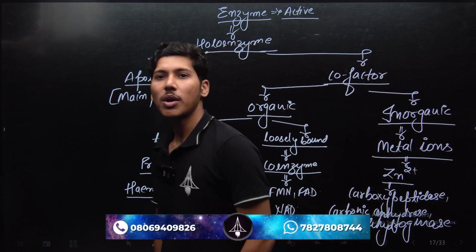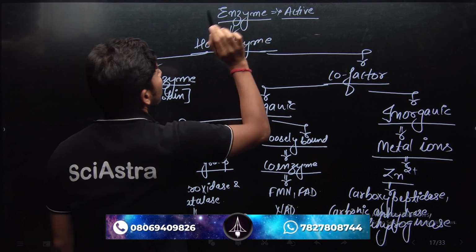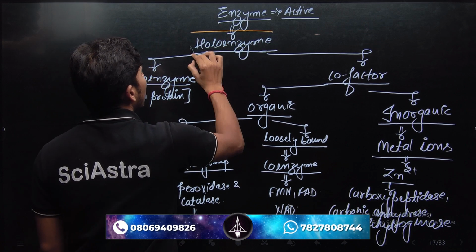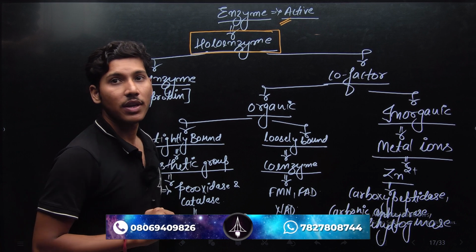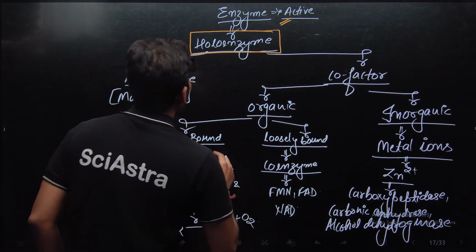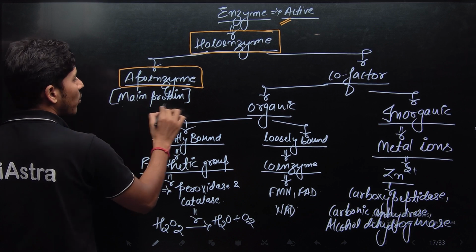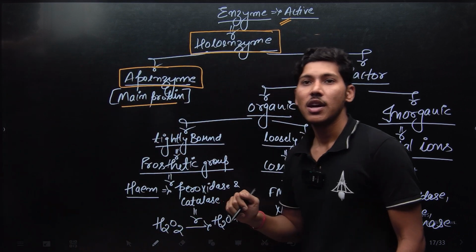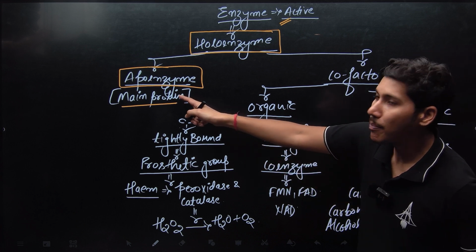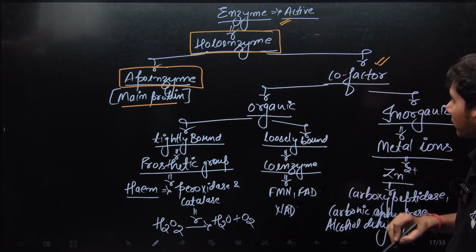If we talk about the structure of an enzyme, the whole or active enzyme is known as the holoenzyme, whose 90% is comprised of the apoenzyme, which is the main proteinaceous part. It has the active site. But in order to activate this apoenzyme, we have to add some cofactor to it.